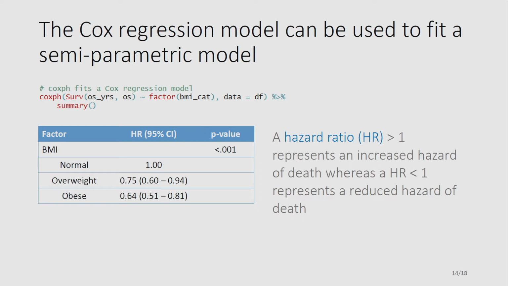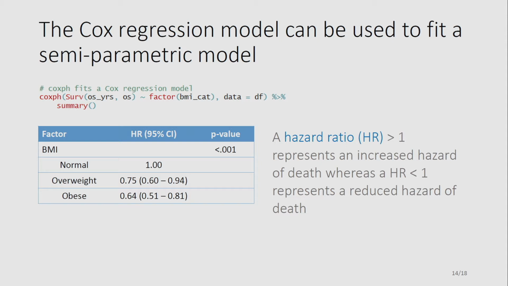Commonly, you would want to do a regression model like this because you would be interested in a multivariable model. In survival analysis, there are many variables that are associated with time to death. It easily comes to mind that age and sex are variables that are associated with how long people live. So if you wanted to say something about a variable, you would want to adjust for these important confounders. I'm just showing a simple example here, focusing on the BMI still.